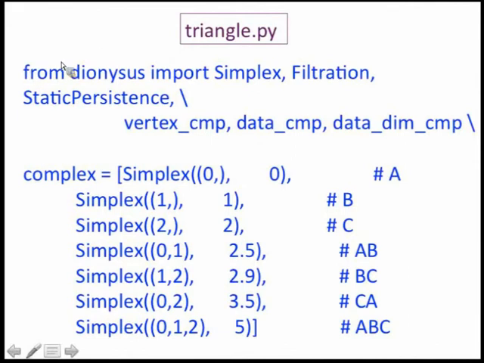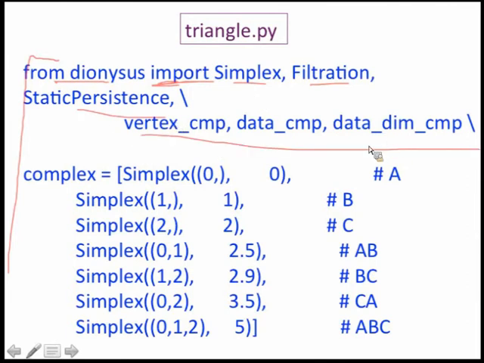You can see in this case, what are we importing? We're importing simplex, filtration, static persistence, and these other things. So this is what has been imported from Dionysus. That's the only thing that you need. If you prefer, because if this is too long to type, you can always import everything and just put in the wildcard.